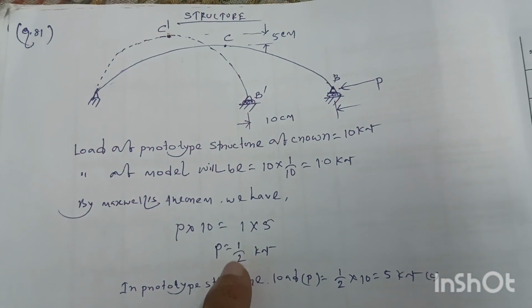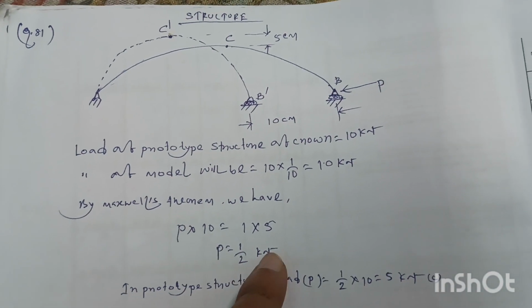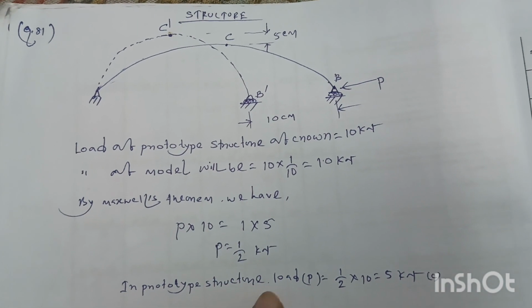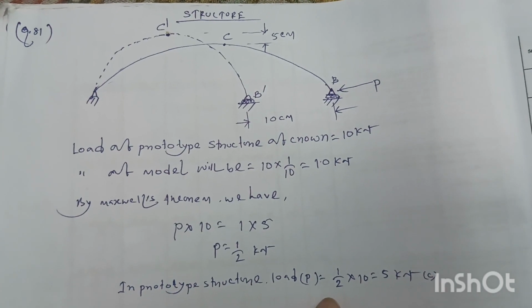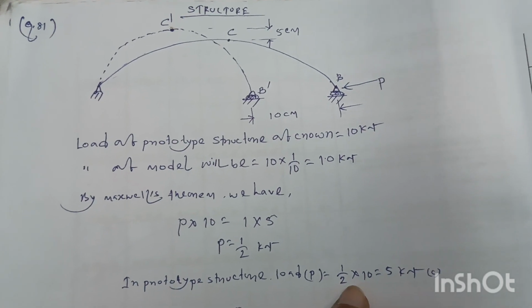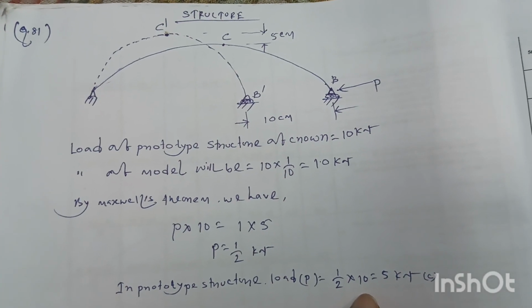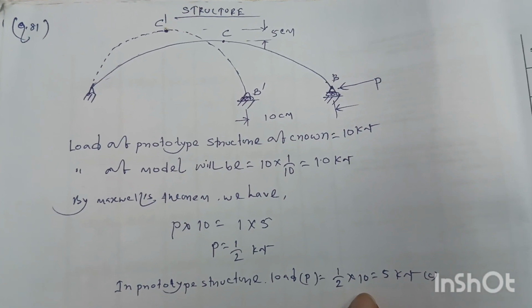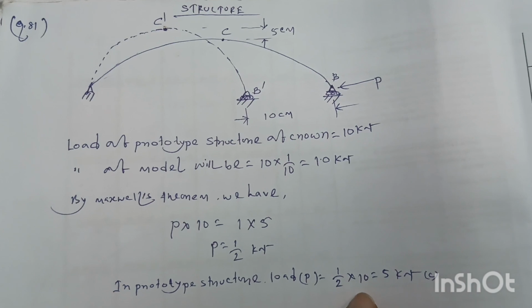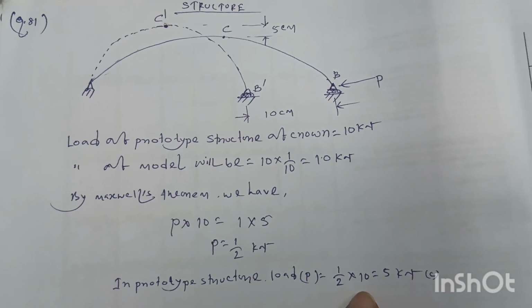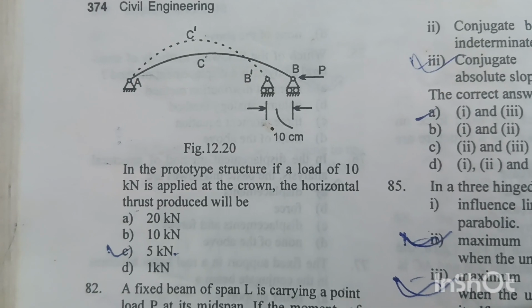So P will be equal to half kilonewton at the model, but in the prototype structure the load will be 10 times more, so half into 10, so 5 kilonewton, as the scale between prototype structure and the model of the hinge is 1:10. Option C is the right answer.